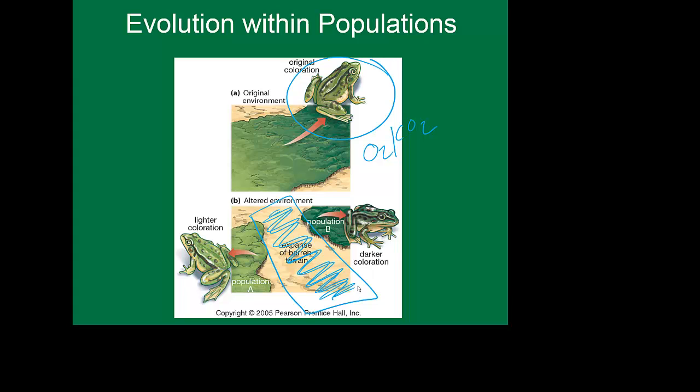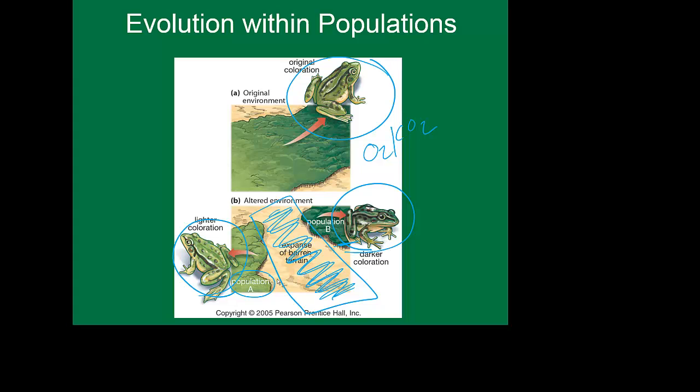So over generations, this does not happen overnight, but over generations, the populations may actually start to shift to this darker coloration to match the darker forest, and this lighter coloration to match the lighter forest.